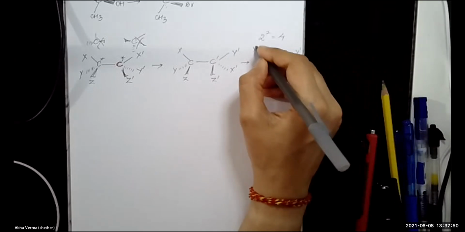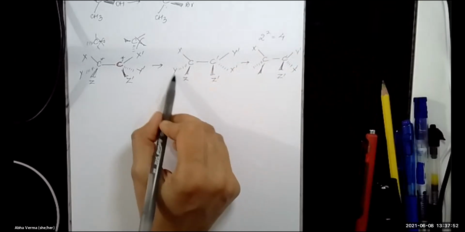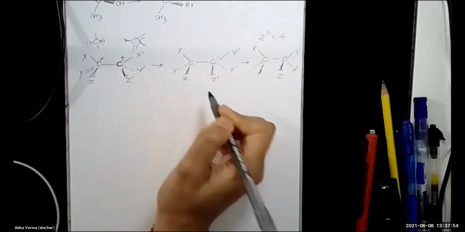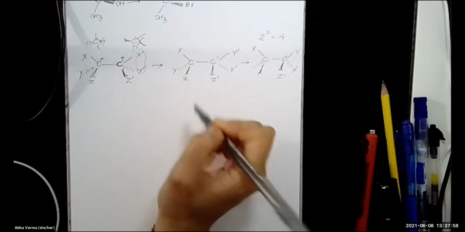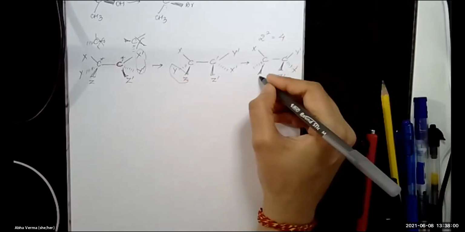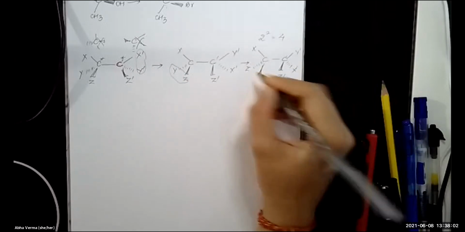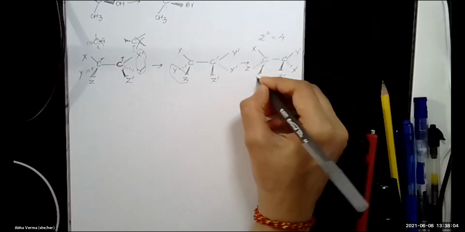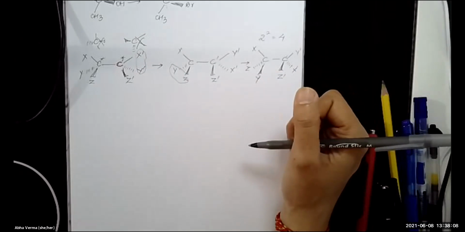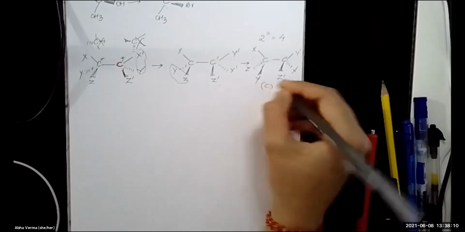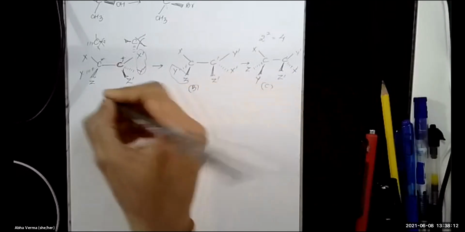I'm keeping X where it was, but now I'm switching these two. So earlier I switched these two. Now I'm switching these two. So Z goes to the place of Y. Y goes to the place of Z. See how I switched it. This is my third stereoisomer.